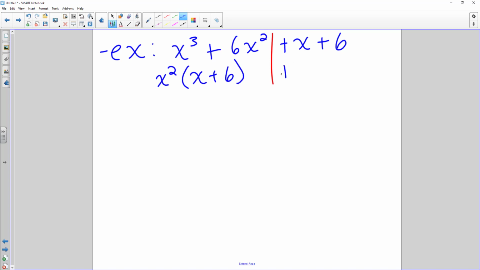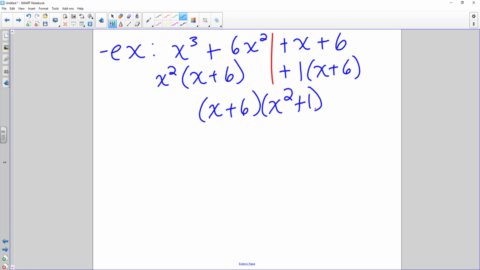Now the second two, they don't have anything I can factor out, but it already matches up, x plus 6. So if I have to put something there, what times x plus 6 gets me x plus 6? It's a 1. So my answer is x plus 6 times x squared plus 1, the leftovers that I have out front. Again, FOIL that out, check it out.